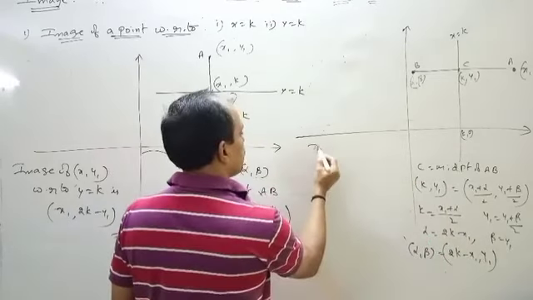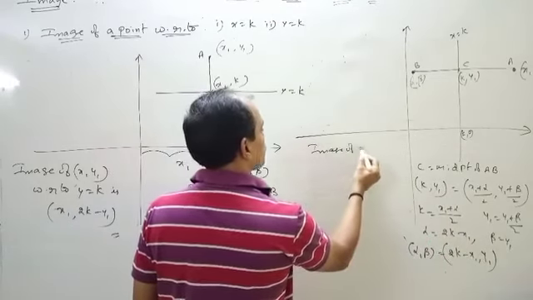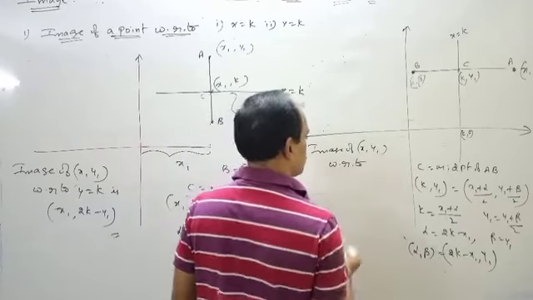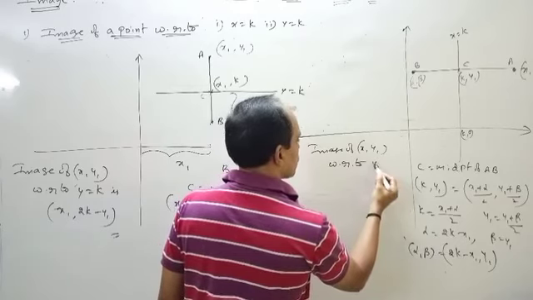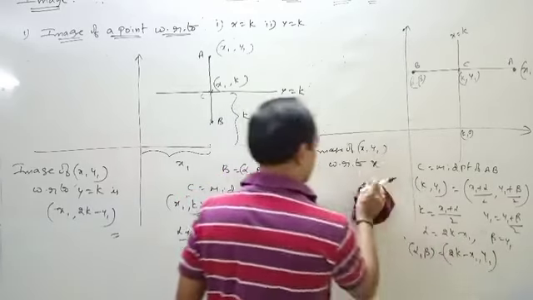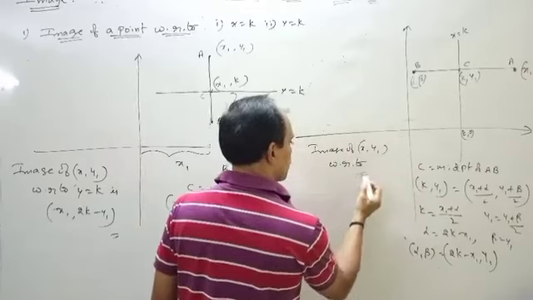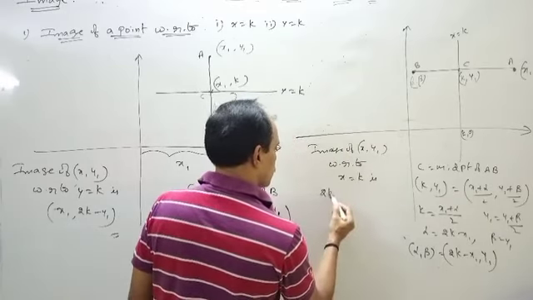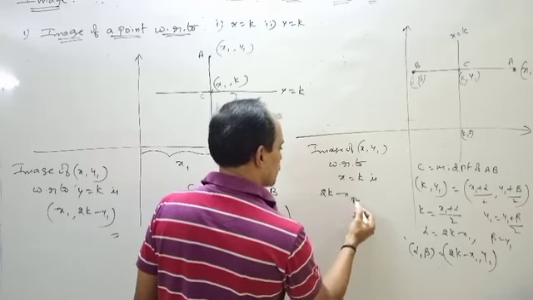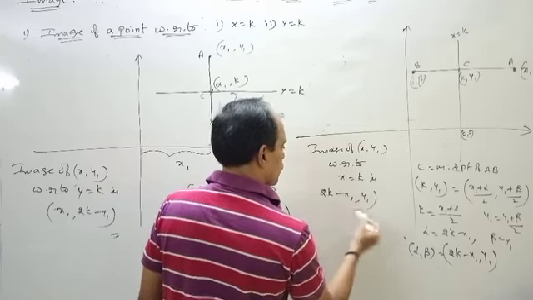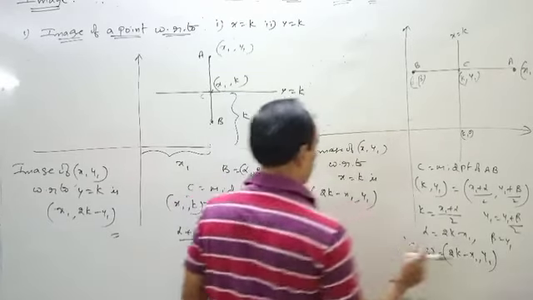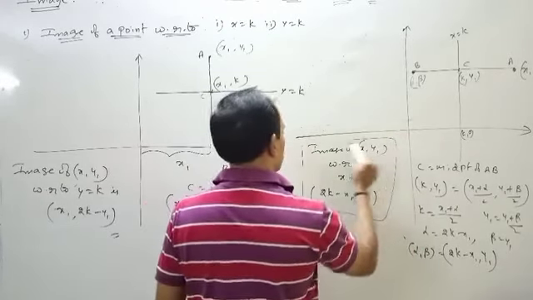So the image of x1 y1 with respect to x is equal to k is 2k minus x1 comma y1. Okay, so this will be the point for this diagram.